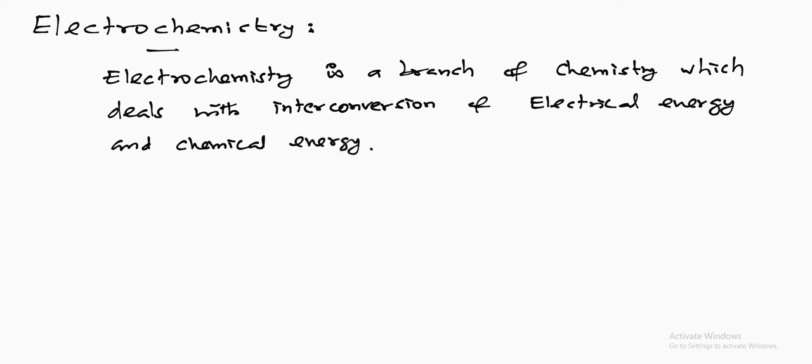Okay, this is how we define electrochemistry in general. So electrochemistry is a branch of chemistry which deals with interconversion of electrical energy and chemical energy.